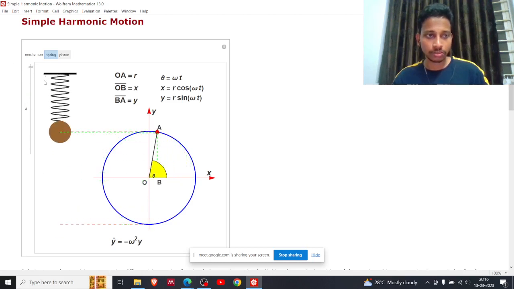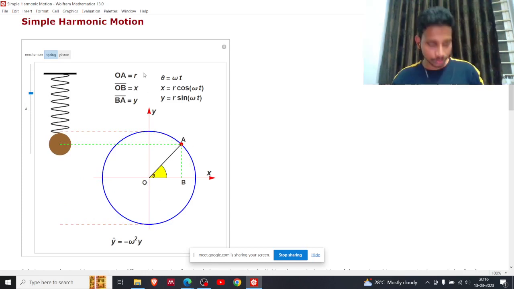This motion is actually simple harmonic motion, where this OA is the radius r, OB is the x, and this is y. So OB is x and BA, this height, is y. So OA is basically root over x square plus y square. Now this theta is equal to omega t. Now x can be represented as r cos omega t and y is r sin omega t.